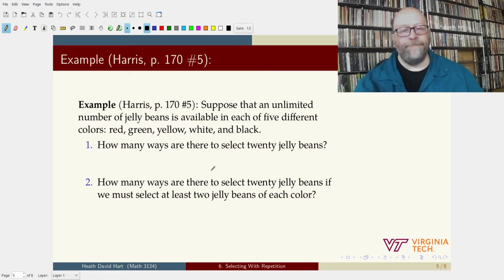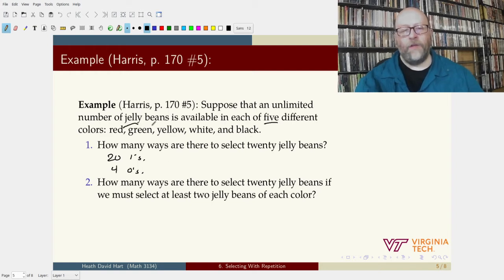Okay. All right. So once again, we have 5 different kinds of objects here: red, green, yellow, white, and black jelly bean. And we want to select 20 of them. So this time we need 20 ones and 4 zeros.